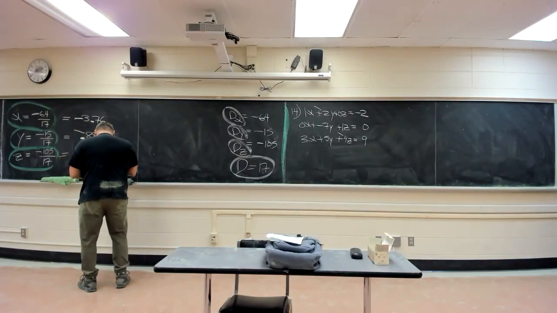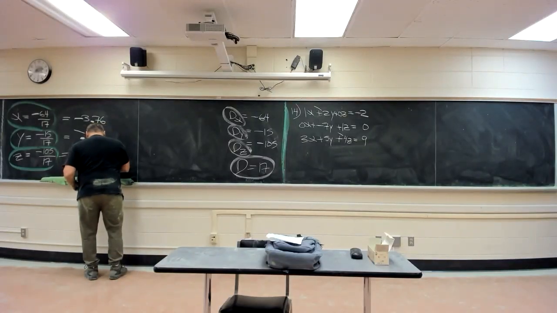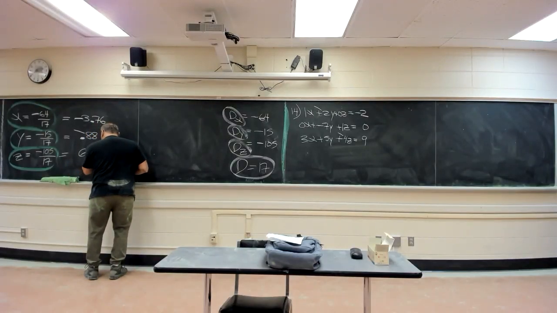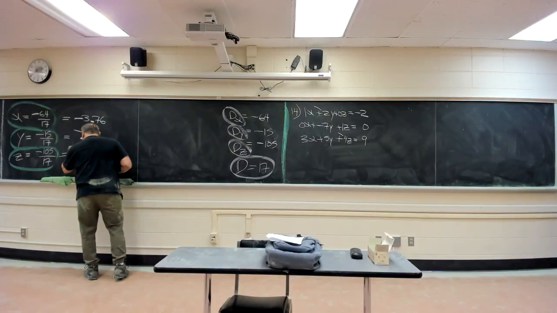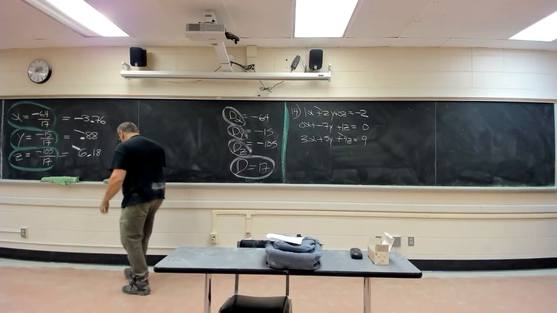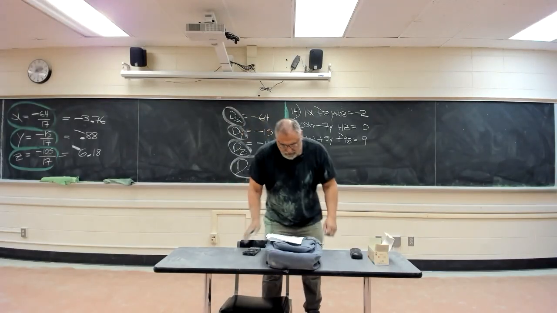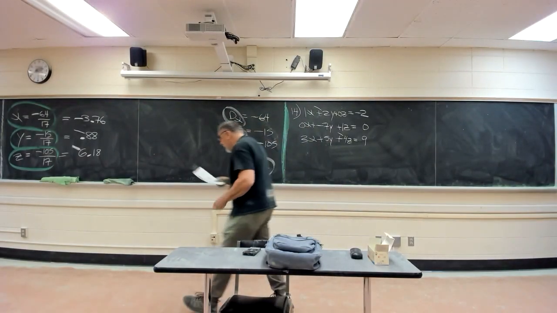Negative 105 over 17 is 6.176. The 6 rounds it up to an 8. And here it is. Let's just confirm it real quick.